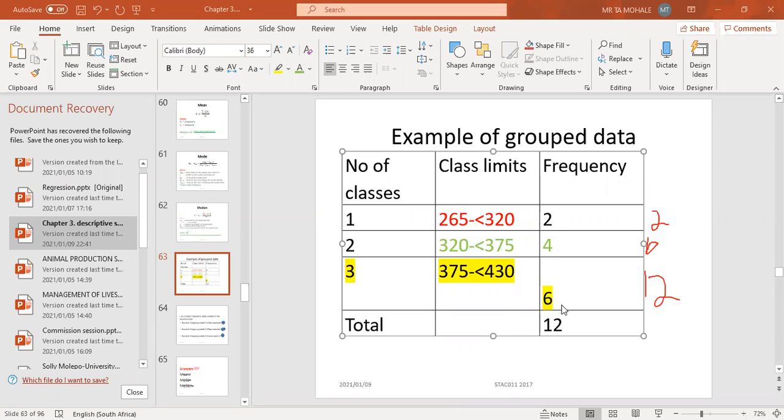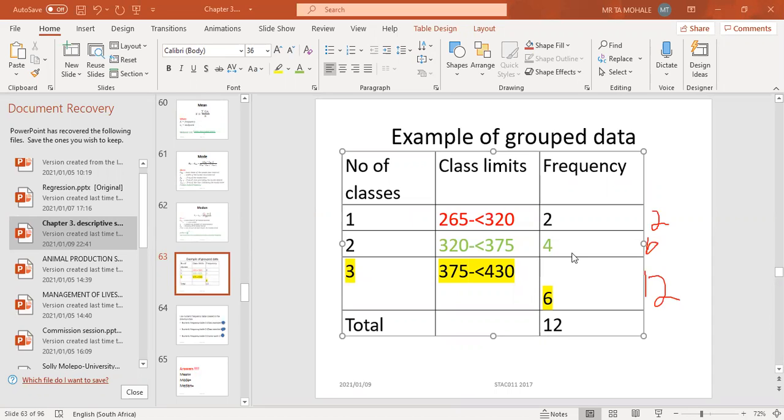Same applies here. And they are saying median is somewhere here. So here you also have 6. So meaning that the upper 6 and the lower 6 are separated by a certain value in between here. And that value is 375. That is why it appears in both cumulative frequencies, because you have the 6 in the upper part and the 6 in the lower part there.